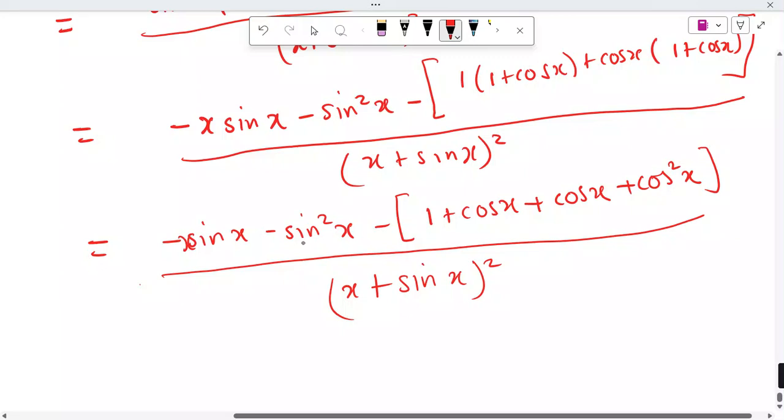I was trying to manipulate so that we can get a negative.